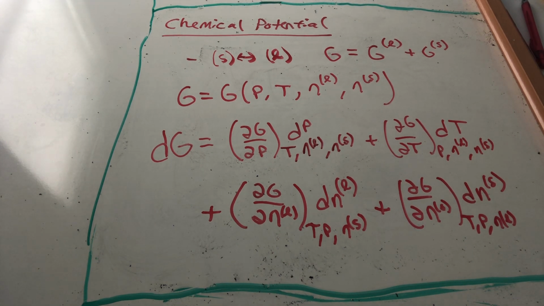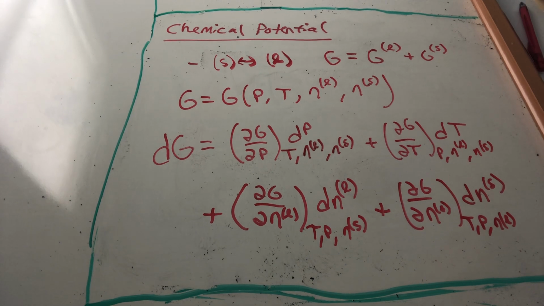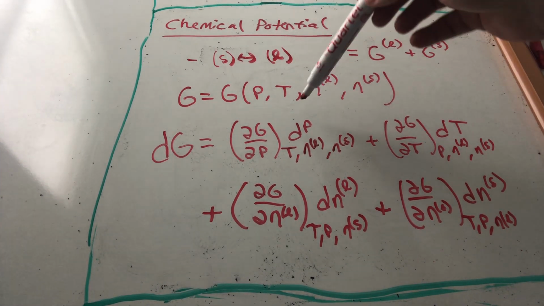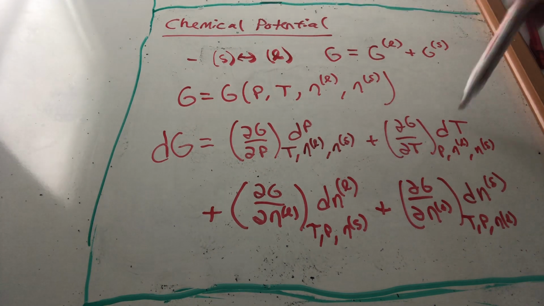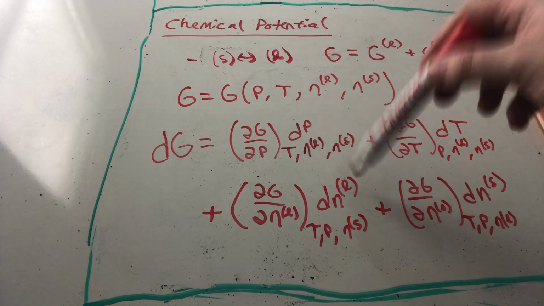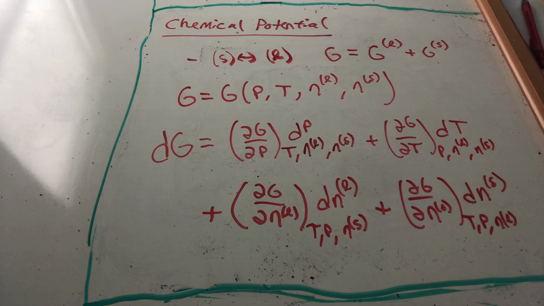So it's a much more complicated expression because now the variability is not only in the independent variables P and T, but also in how many moles you have for your liquid state and how many moles you have for your solid state.